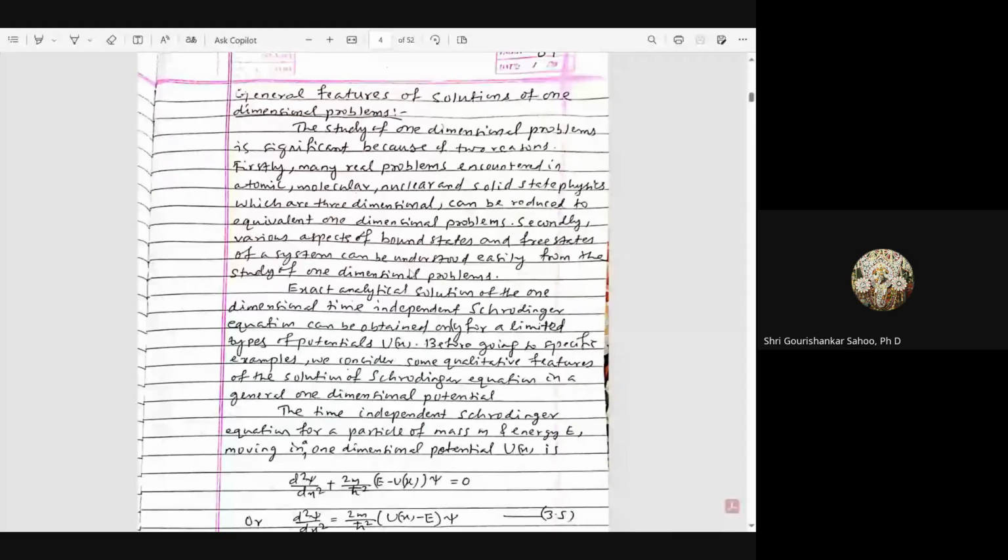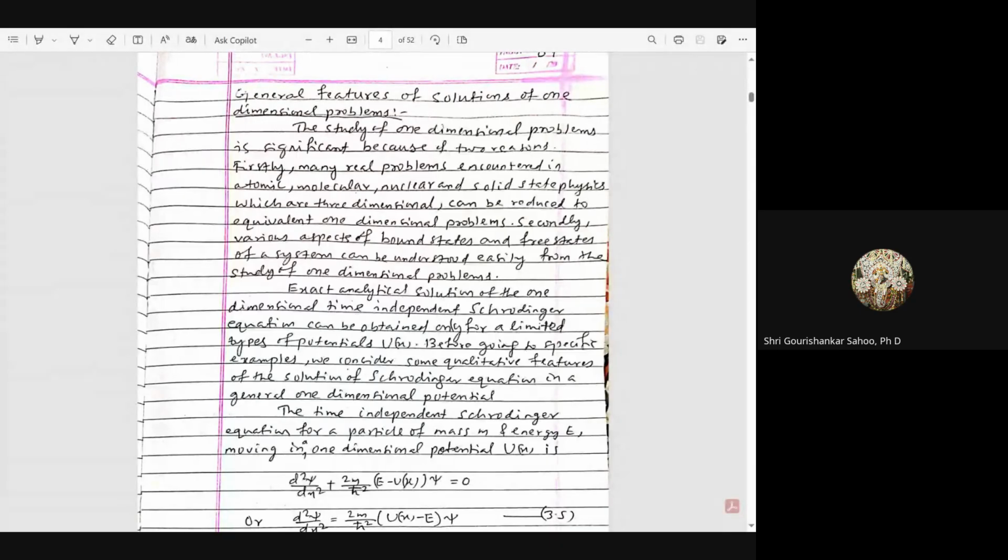So what are the general features of the solution of a one-dimensional problem? The study of one-dimensional problems is significant because of two reasons. First, many real problems encountered in atomic, molecular, nuclear, as well as solid-state physics, which are three-dimensional, can be reduced to equivalent one-dimensional problems.